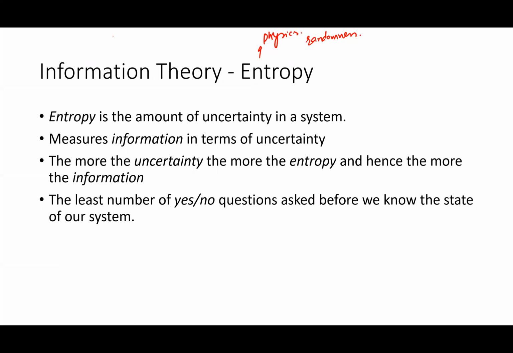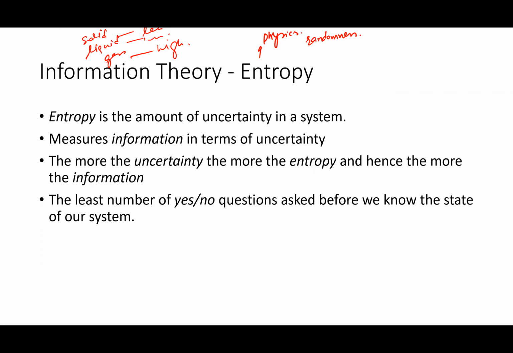Like water has three states: solid, liquid, and gas. We say solid has the least entropy, liquid has middle entropy, and the gaseous state has the highest entropy, because the molecules there are moving very freely as compared to the liquid state and the solid state.